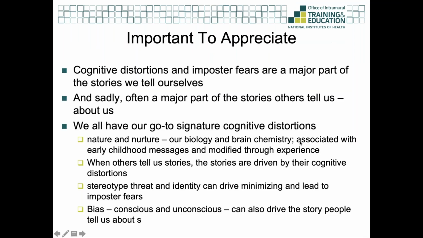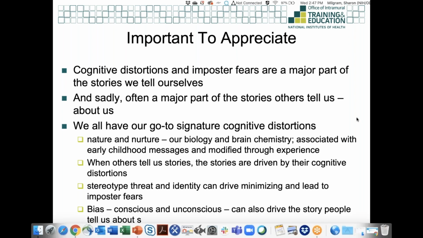And so it's really worth it for us to fully understand how these work so that we can start tackling them. And the first thing that you need to appreciate in all of that is that cognitive distortions and imposter fears are just a major part of the stories we tell ourselves. They just are. Our brain is hardwired to see things negatively because it is hardwired to keep us safe. And so they're a major part of the stories we tell.